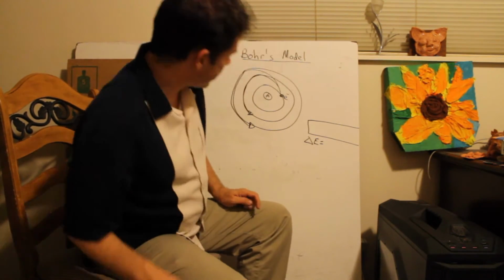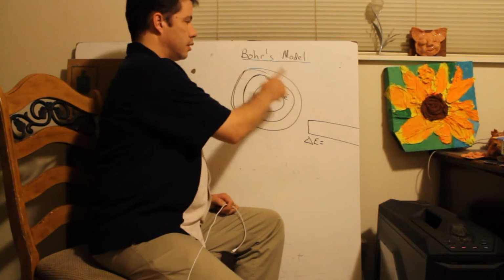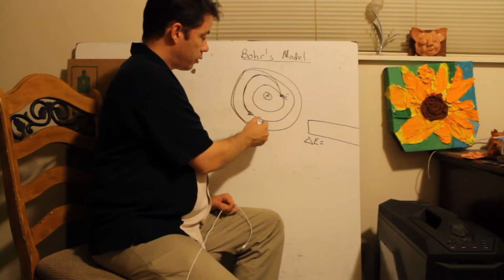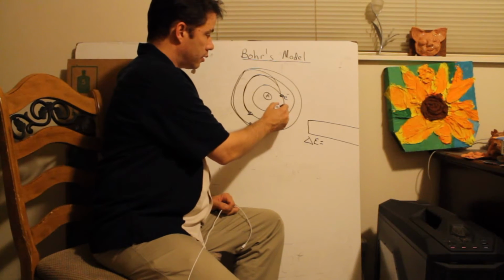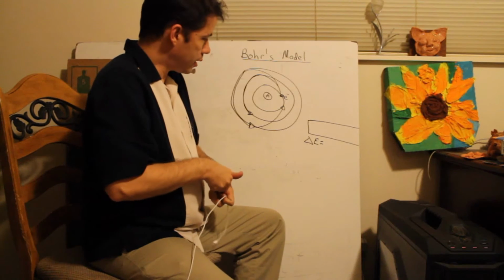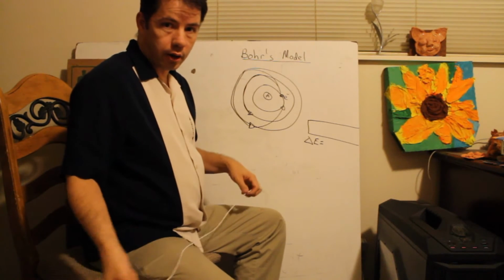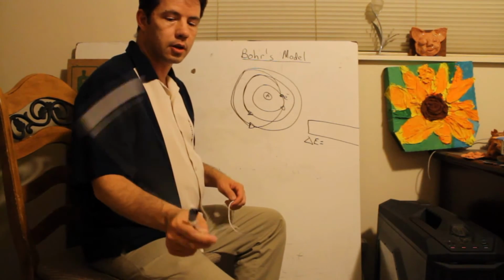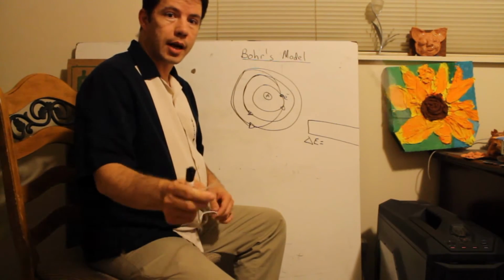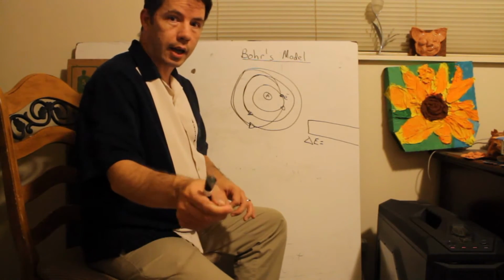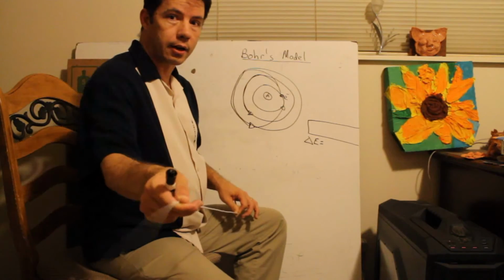Eventually the electrons are going to return to where they started. But when they do that, there's a law called the law of conservation of energy that says energy cannot be created nor destroyed. So to get this cord to go back in, I have to pull energy out of it.